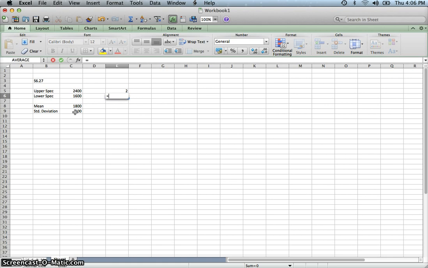For the lower end, we start with the mean and subtract out the lower specification. So how far down we're going to go, the difference between 1,800 and 1,600, is only going to be 200 hours, so it's a much smaller range that we're willing to go down. And then, of course, we divide that by the same amount, 3 times the standard deviation.